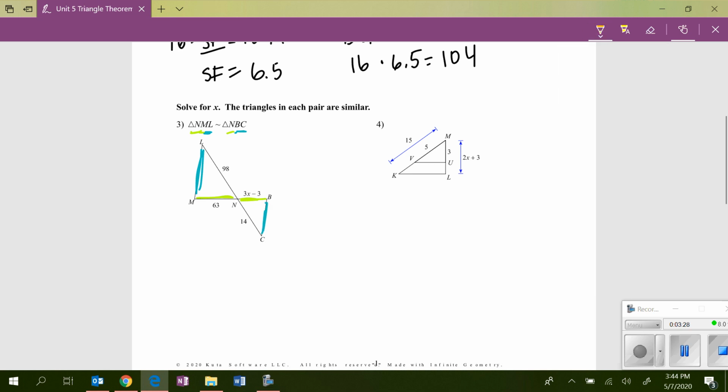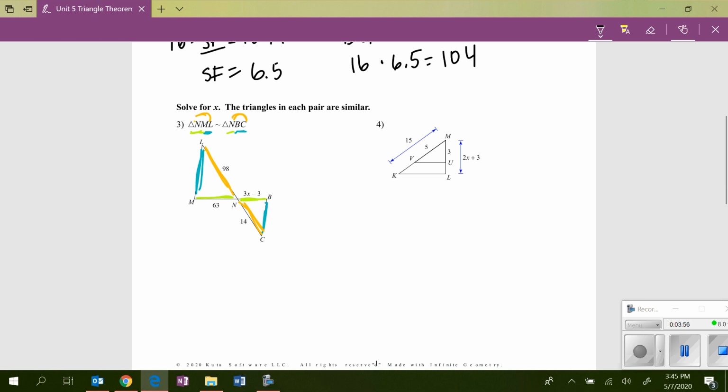And then lastly, L back to N corresponds to N to C. Okay. So here I need to set up a proportion. I can't just set them equal to each other, because if you set them equal to each other, then you're saying that they're the exact same length, but they're not. They're proportional. These triangles are similar, not congruent.